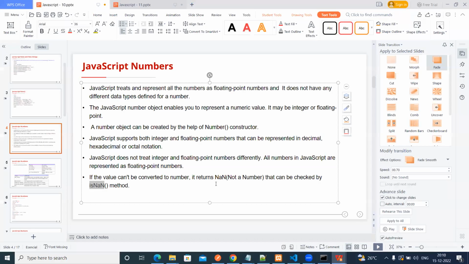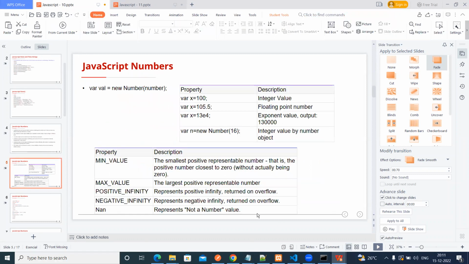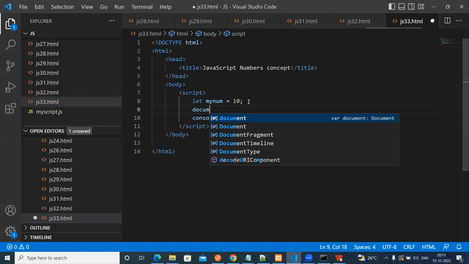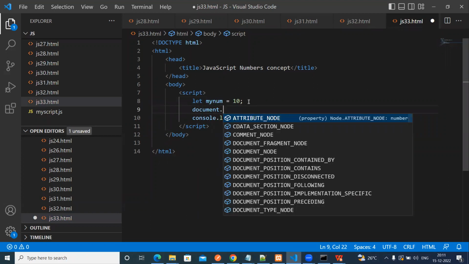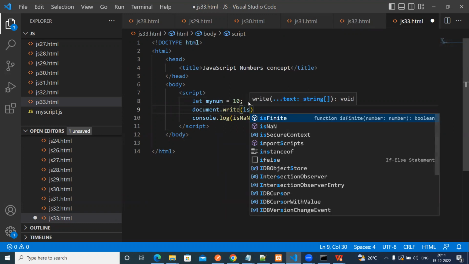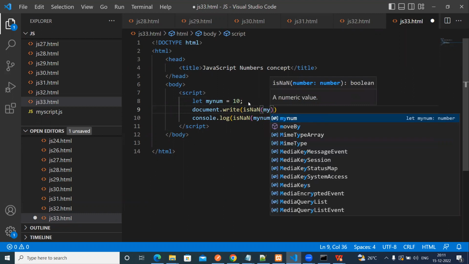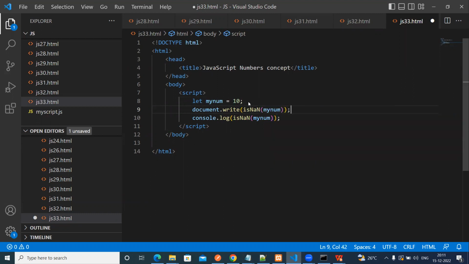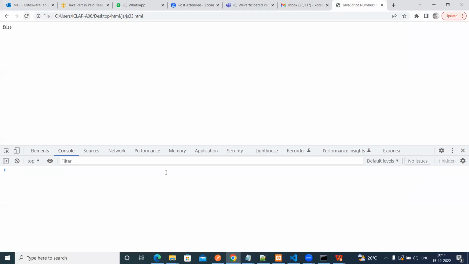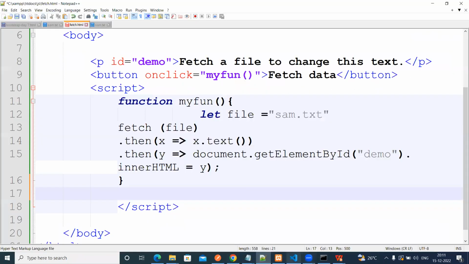Why is it not working with the isNaN method? With document.write, we check isNaN of myNum. Why are we getting false?